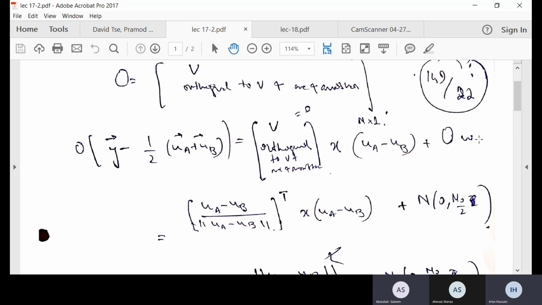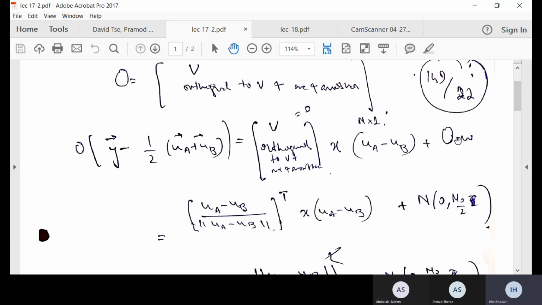Similarly, O with w. So this is the orthogonal transformation with w. I will be just interested in the first row, because the others will be 0. So I will just get the first element of my vector, which will be the v vector times this thing, and I will be interested only in the first transformation, and the first transformation will again be Gaussian noise.